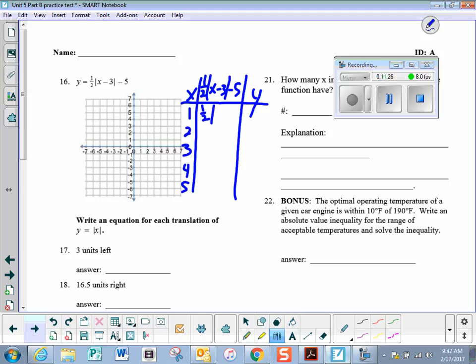Absolute value is 2. Times 1 half is 1 minus 5 is negative 4. When I put in 2, I have 1 half times 2 minus 3, so it's negative. It'd be positive 1 half minus 5, negative 4 and a half.